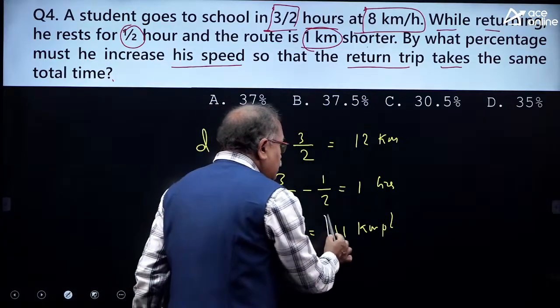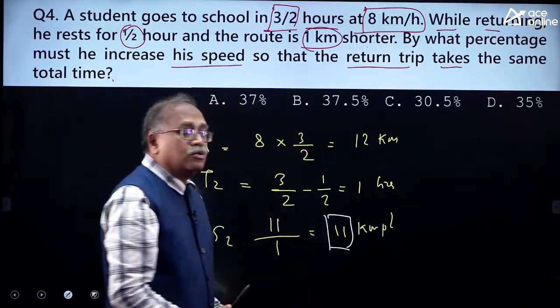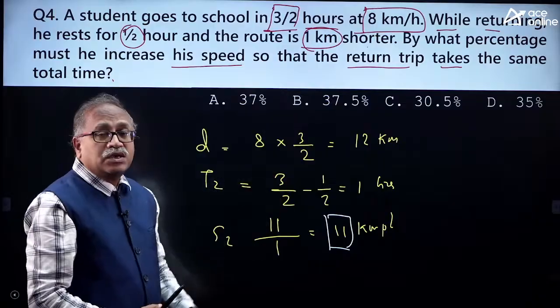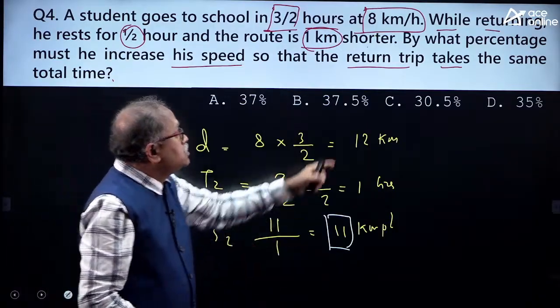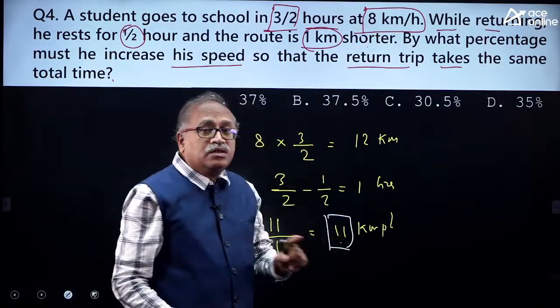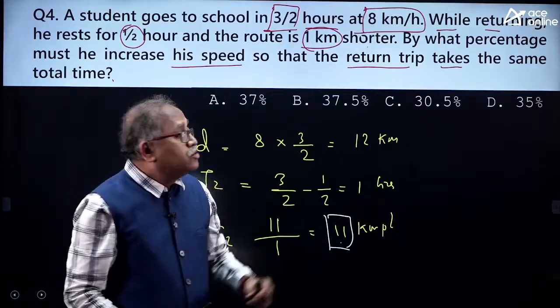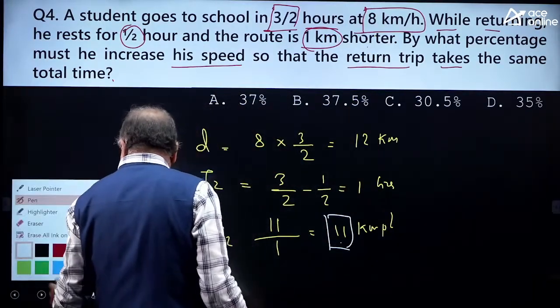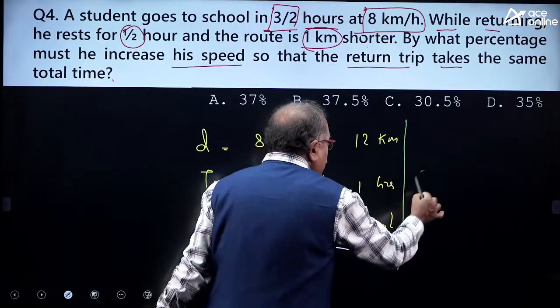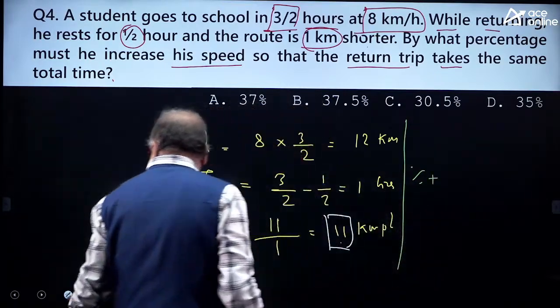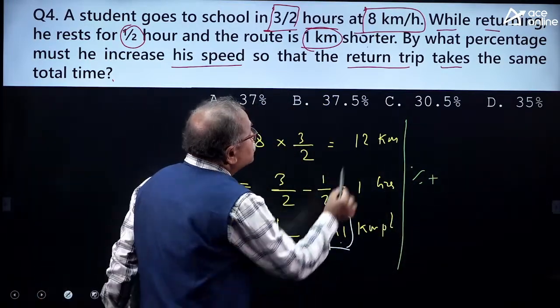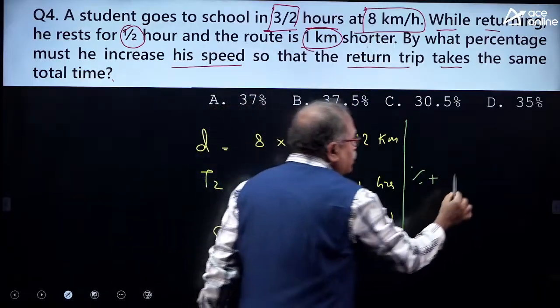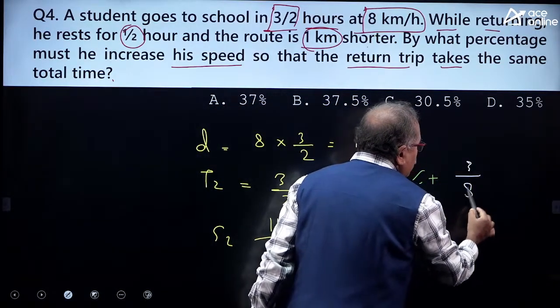So here the speed 2 is 11 kilometers per hour, speed 1 is 8 kilometers per hour. So how much is the increase? 8 and 11. The increase is 3 kilometers over 8 kilometers. What is the percentage increase? The percentage increase is 3 over 8.